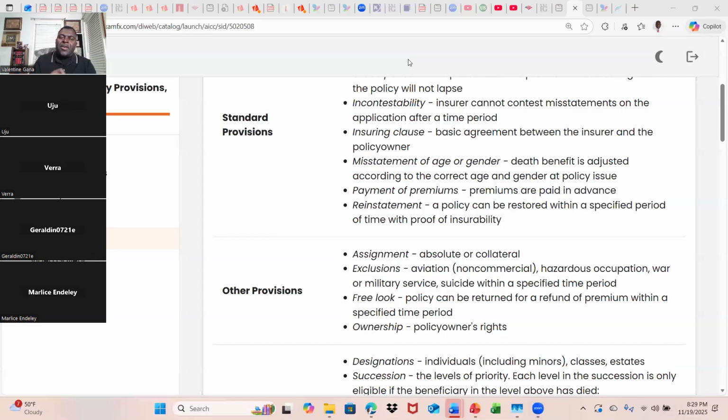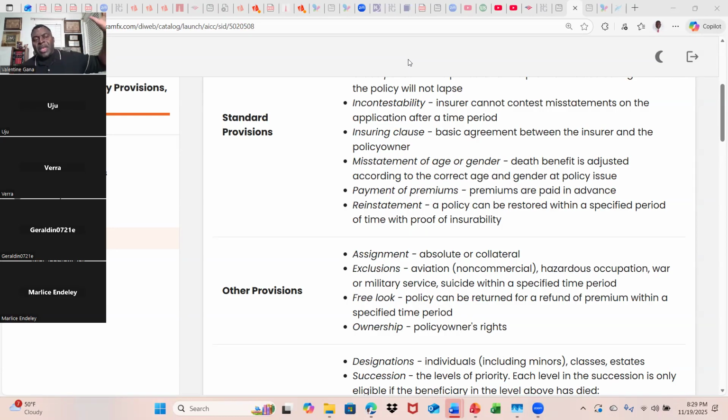But the representations, the information, the facts you put on the application is also seen as consideration. Consideration on the part of the client involves the facts you put down on the application, and the money you pay to bind the contract.